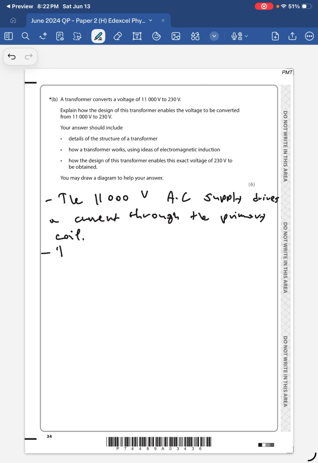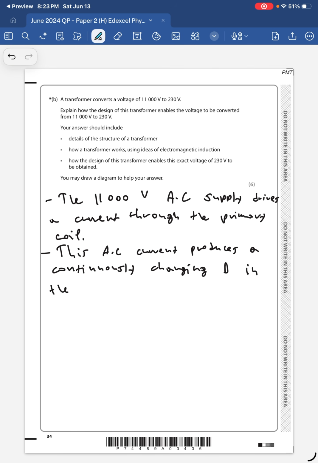Okay, this AC current produces a continuously changing B, a continuously changing magnetic field, right, in the iron core.